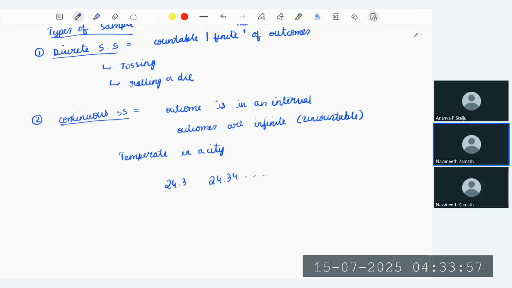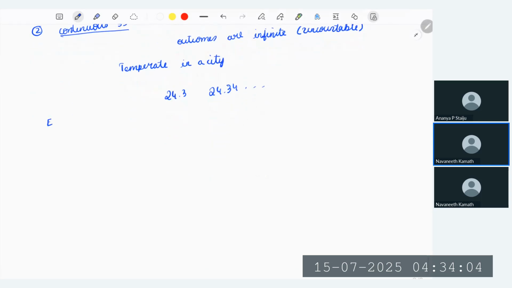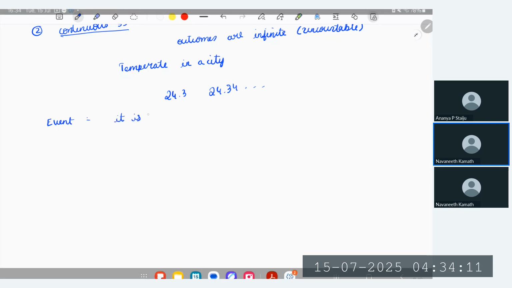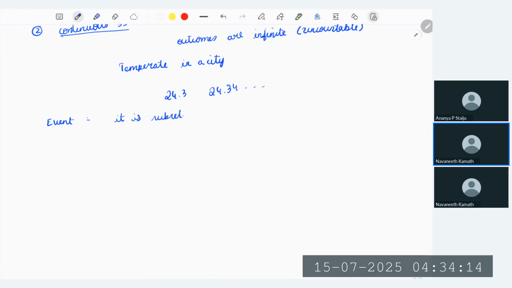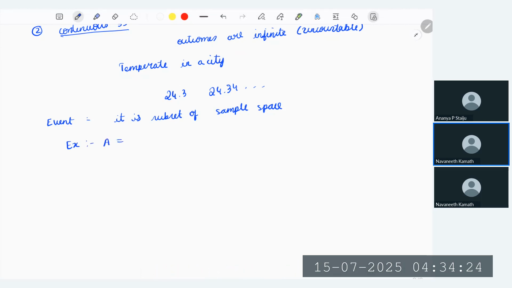Now, the next subtopic is event. An event is a subset of the sample space. For example, A is the event of getting a head. Or you can say B is getting an even number on a dice.